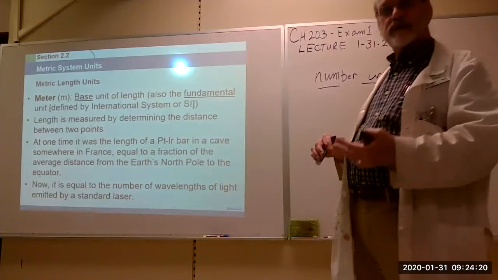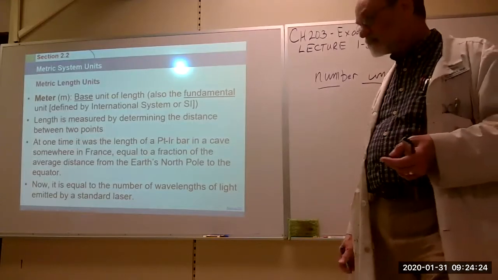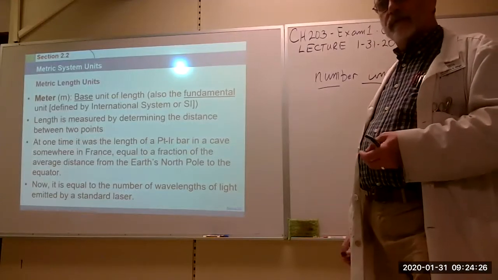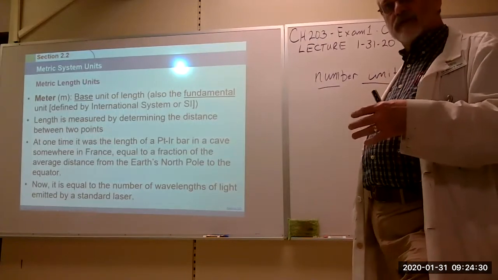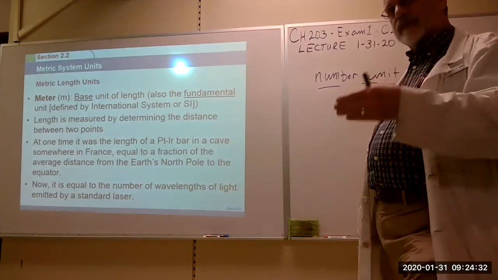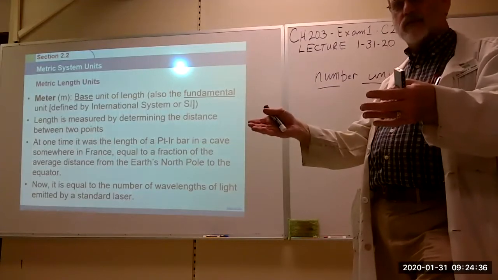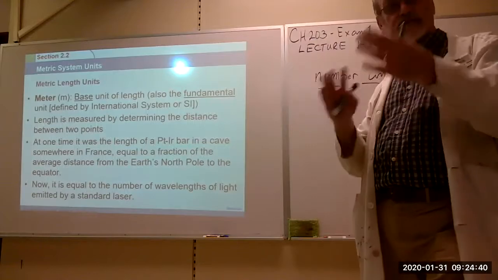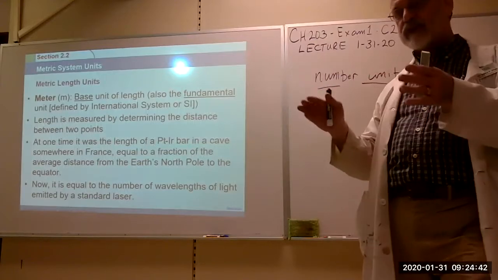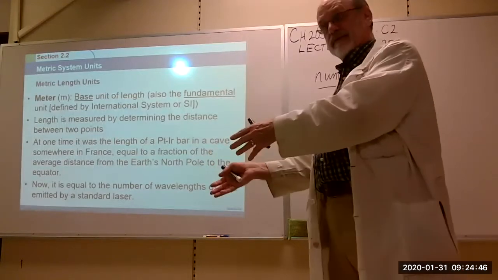And they stabilized the temperature. They stuck them in a cave in France somewhere. And that was your standard. So if any scientist needed to standardize a meter for other purposes, they would have to go to that cave, or go to the facility attached to the cave, and compare the lengths and see, I think this is a meter, but what is it actually compared to your meter? Because yours is the standard.